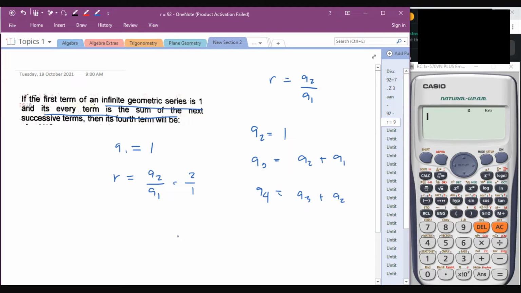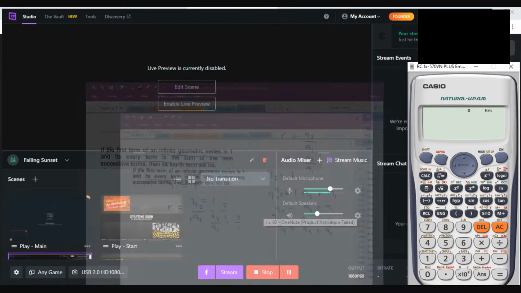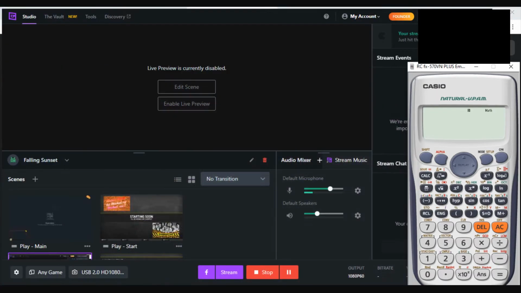So, R dapat less than 1. The sum of an infinite geometric sequence is A1 over 1 minus R, okay? R should be less than 1.